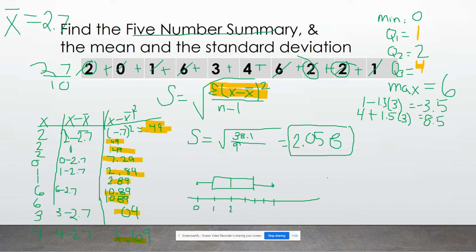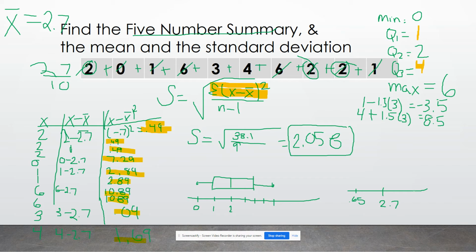Okay. Well, the mean was 2.7. And then if I go backwards 2.05, 2.7 minus 2.05 is 0.65.